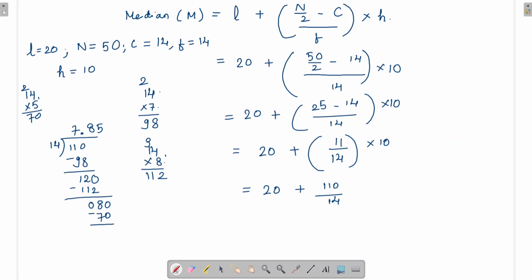Okay, so that is 10. Now 7.8 we got, so we will take only one decimal point, so this will be nothing but 27.8. So the median M we got as 27.8.